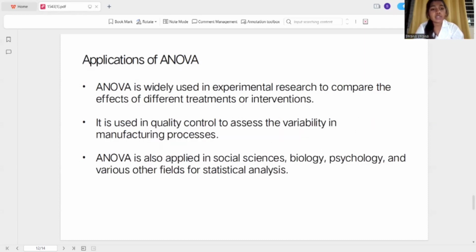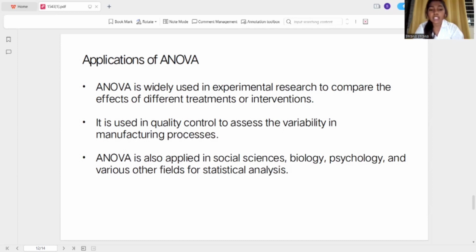And we have the applications of ANOVA. ANOVA is widely used in experimental research to compare the effectiveness of different treatments or interventions. It is used in quality control to assess the variability in the manufacturing process.